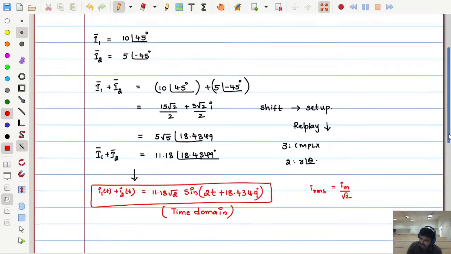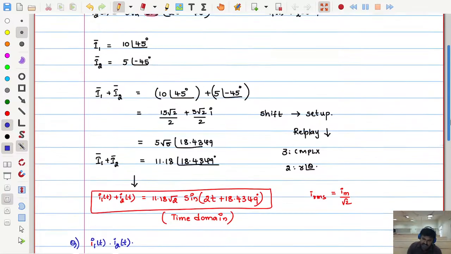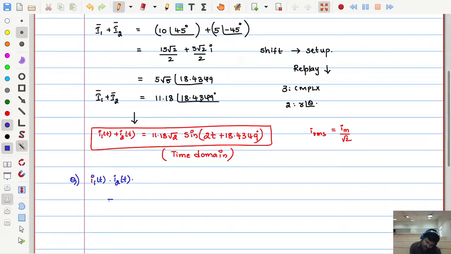Now if somebody asks, what is I1 into I2? Let us say the next question is, what is I1 of t into I2 of t? What we will do is again take the phasors, and at the end convert back to the time domain. I1 bar into I2 bar means the phasors' product.